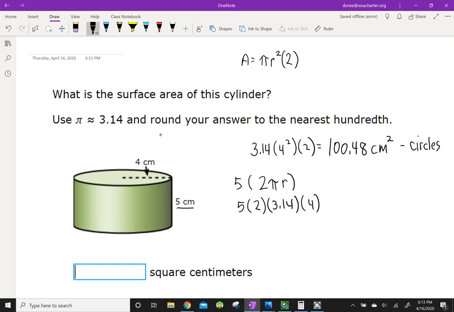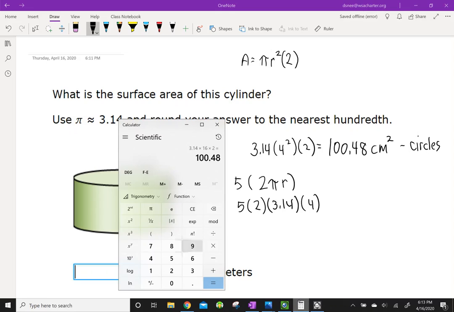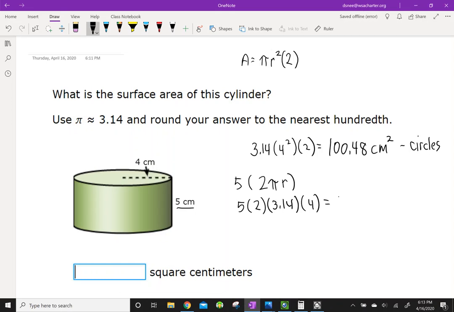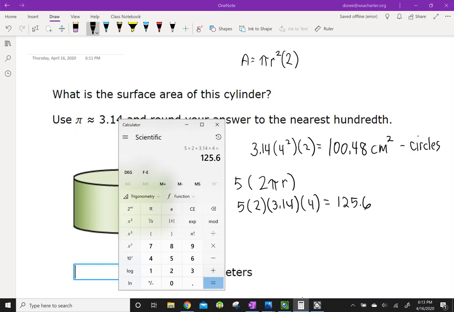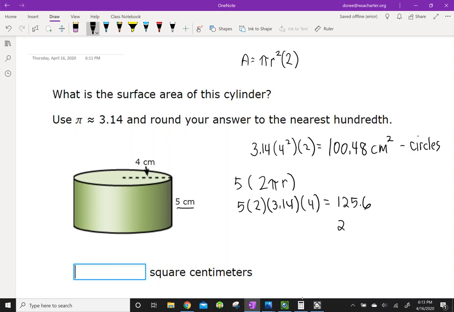So 5 times 2 times 3.14 times 4 equals 125.6, plus 100.48 equals 226.08.